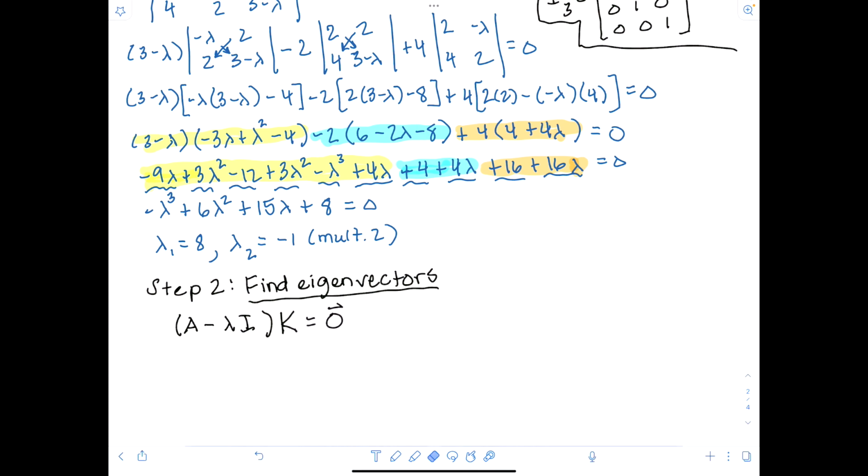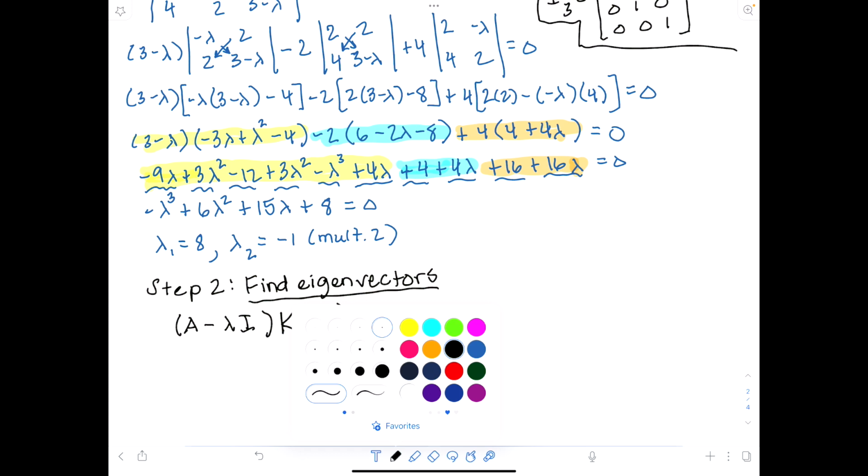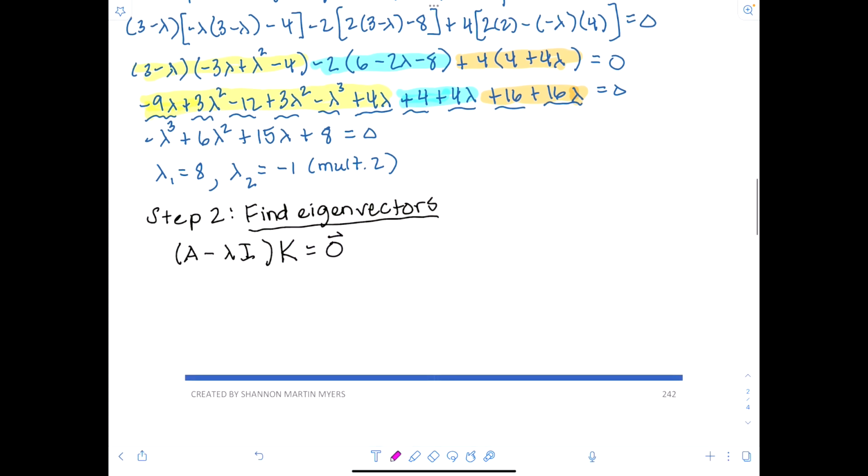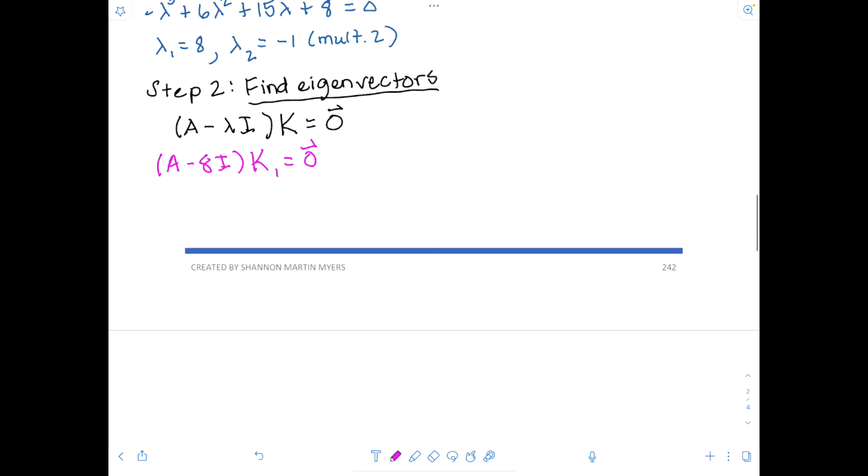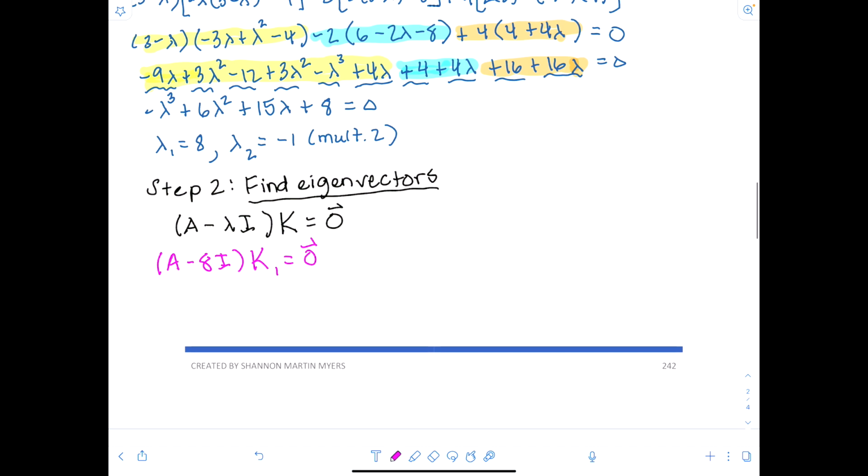I'll just say K, and then we'll go to a different color and find K1. So our first one is lambda 1 is 8. So we're going to be looking at A minus 8I times K1 is equal to the 0 vector, making sure I have lots of space.